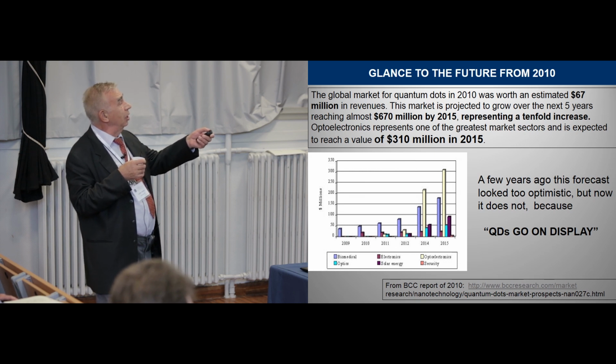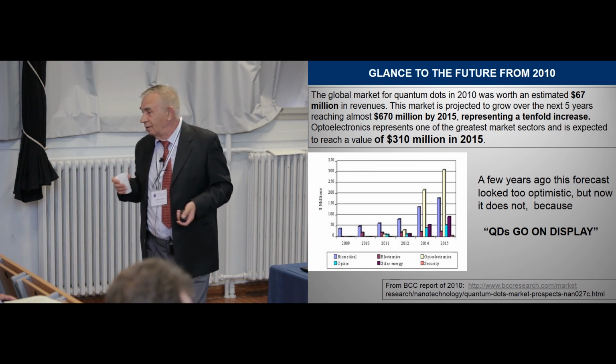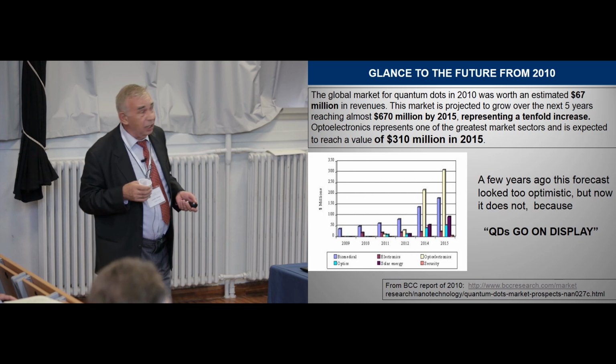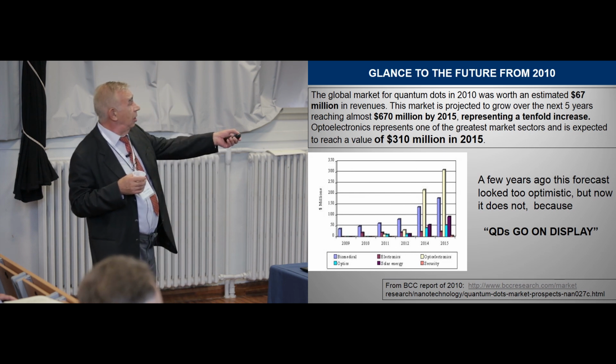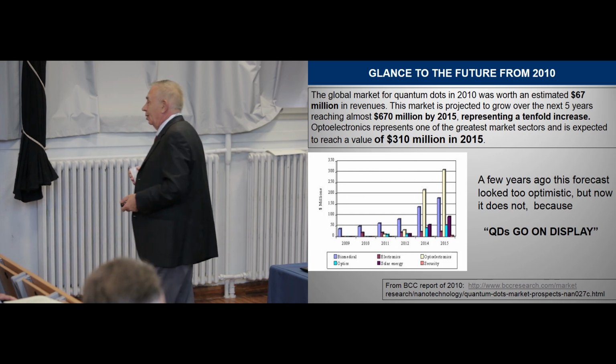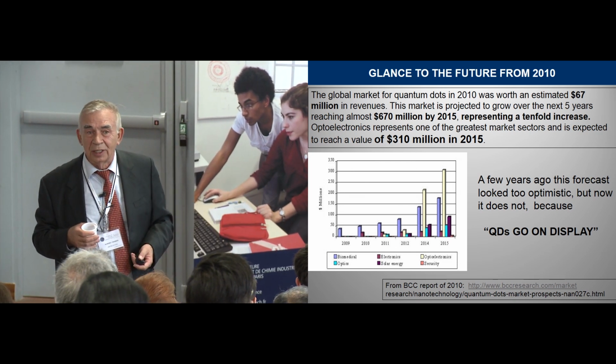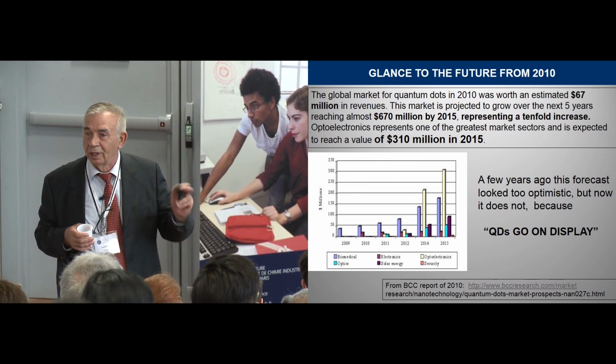So in 2010, it is somewhere here, and the revenue is about 70 million, actually not a big number nowadays. And what we see here is just one column, which is biomedical, and this is for sure the biological markets, which were commercialized, I think, in 2002 or something like this.